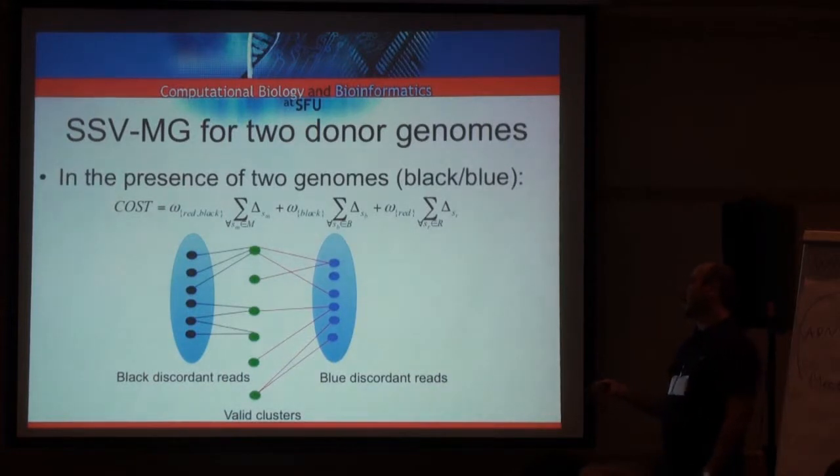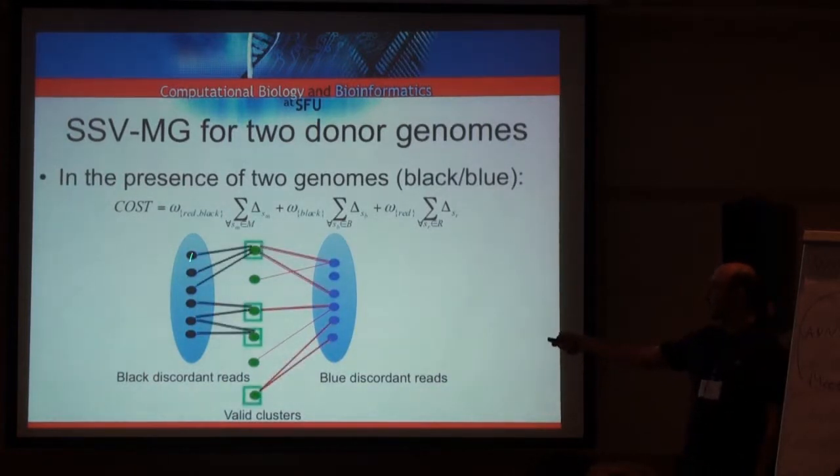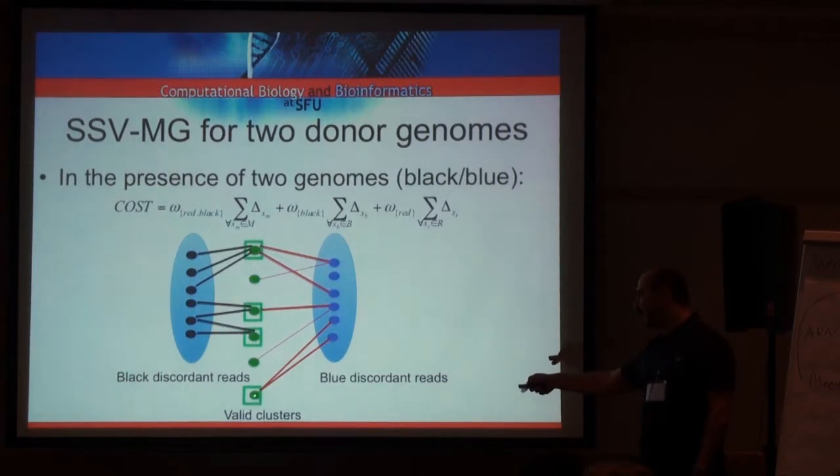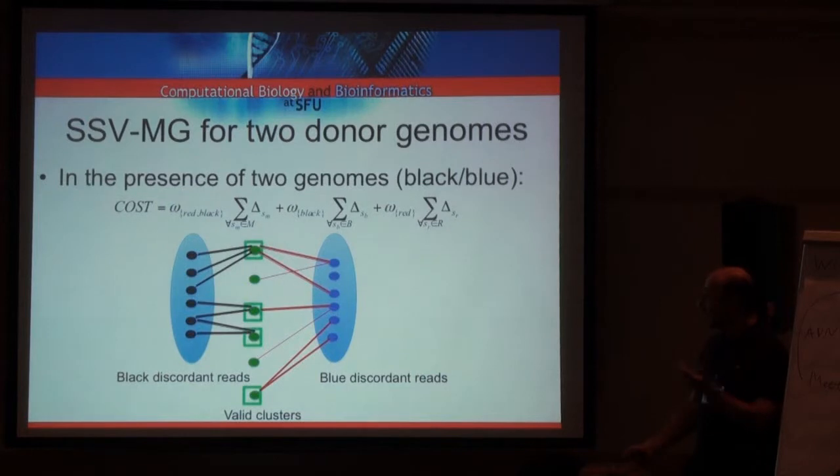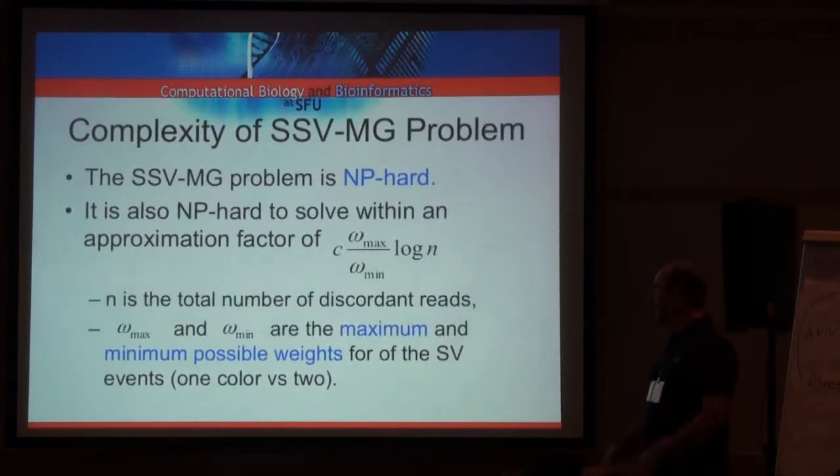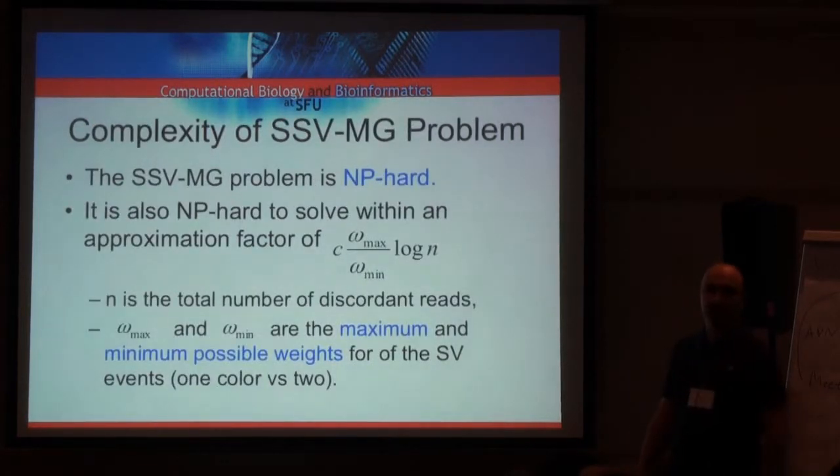So under this formulation, if we have the black genome and the blue genome, the mappings can be coordinated, clustered in a way that we pick the clusters that involve members from both genomes first. And those that are including members of only one genome are picked the last.